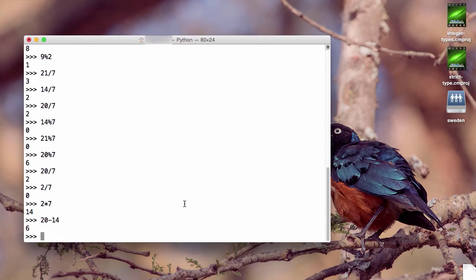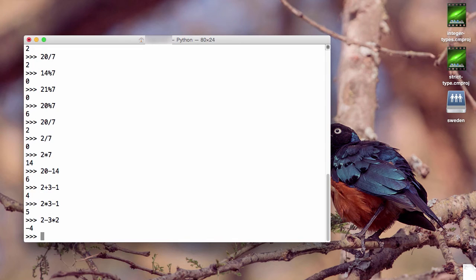Alright, so moving right along, what happens if we do 2 plus 3 minus 1? So 2 plus 3 is 5, minus 1, 4. What happens if we do 2 times 3 minus 1? So 2 times 3 is 6, minus 1. Now what if we do 2 minus 3 times 2?